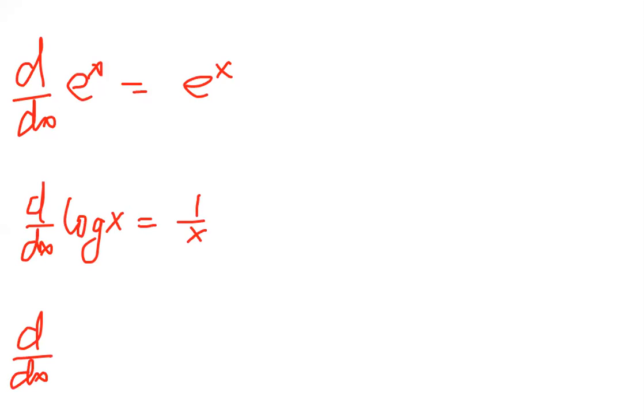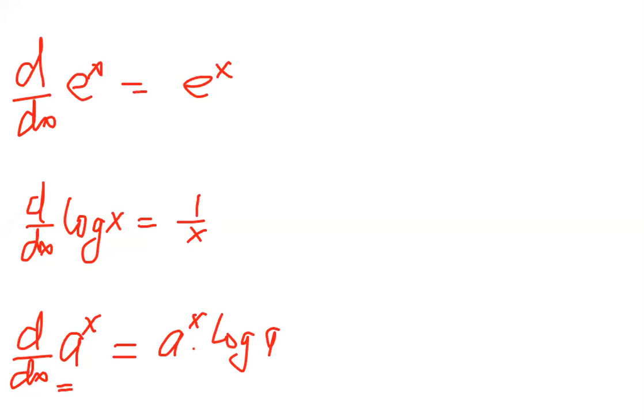ddx of a to the power x. Previous formula was x to the power n. Now it is a to the power x. It will be a to the power x log a. And this is different from x to the power n.